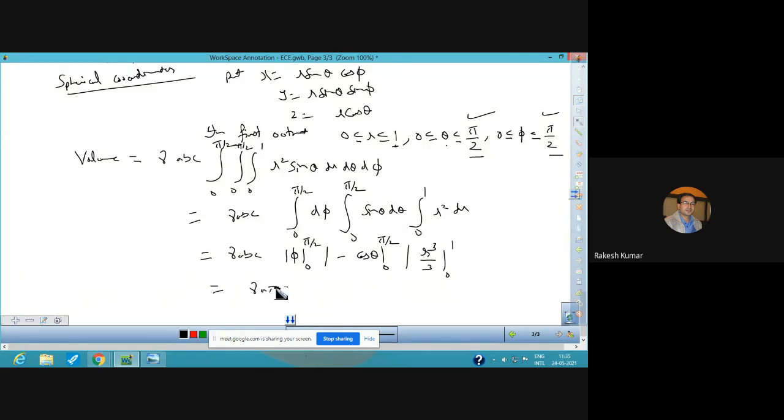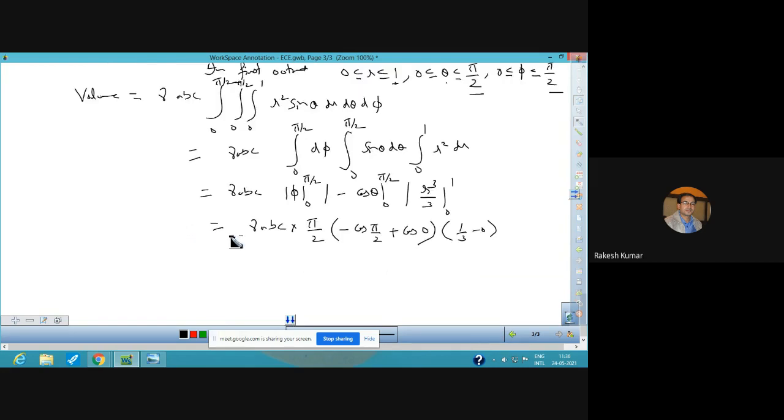So 8 abc into, from here you will have pi by 2, and from here you will have minus cos pi by 2 plus cos 0, and here you will have 1 by 3 minus 0.